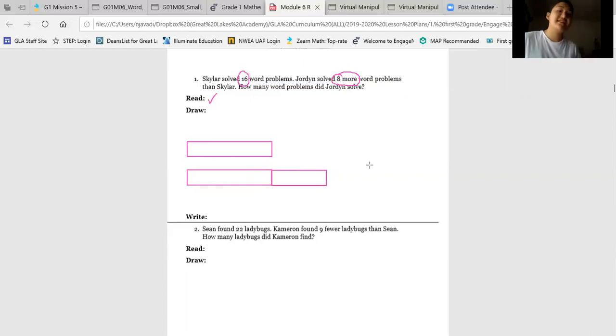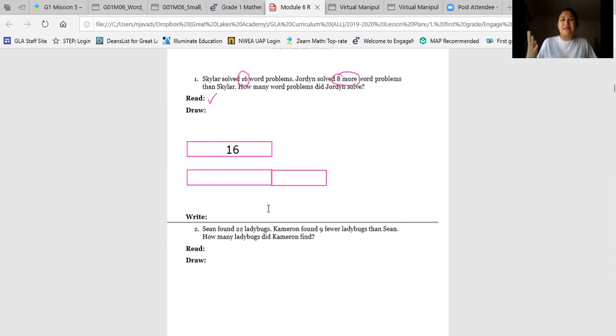Make sure you have a double tape diagram that looks something like this on your page. Next, let's label and put in the information that we know. What information can we add to our double tape diagrams? Skylar solved 16 word problems, so I can put 16 right here.